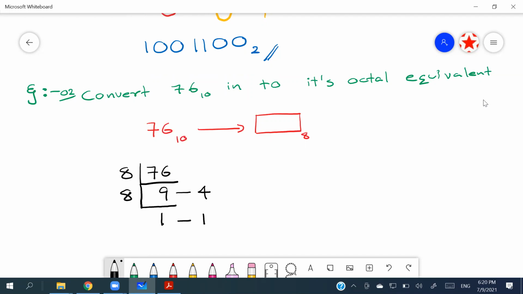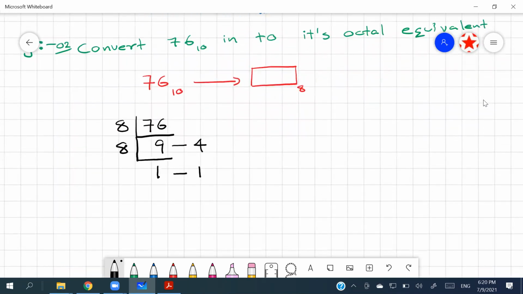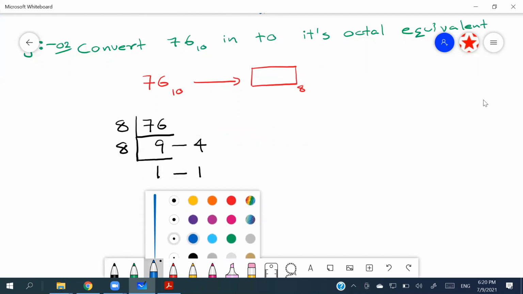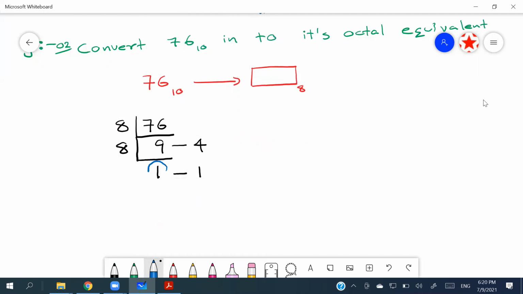So now we can stop the dividing process, and we consider the last answer and the remainders from bottom to top, right? So we are taking 114 as our final answer.